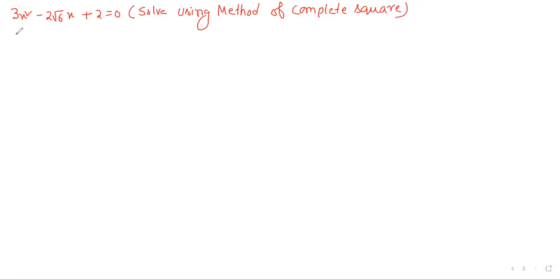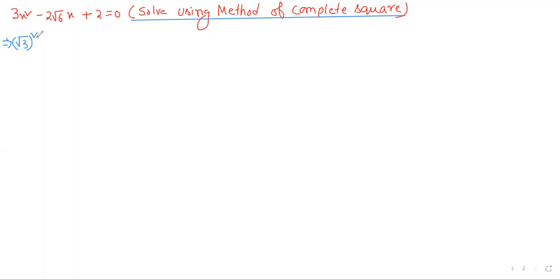Now just try to understand how to solve using method of completing square. Here we can write this 3 as root over 3 whole square. Yes, we can write, because root over 3 whole square means the root and square will get cancelled out.